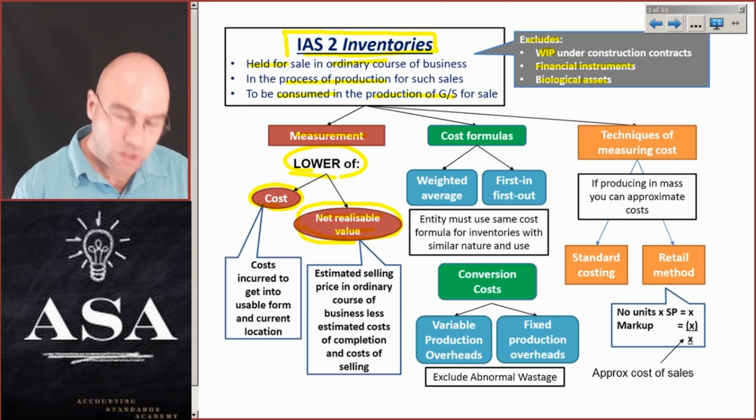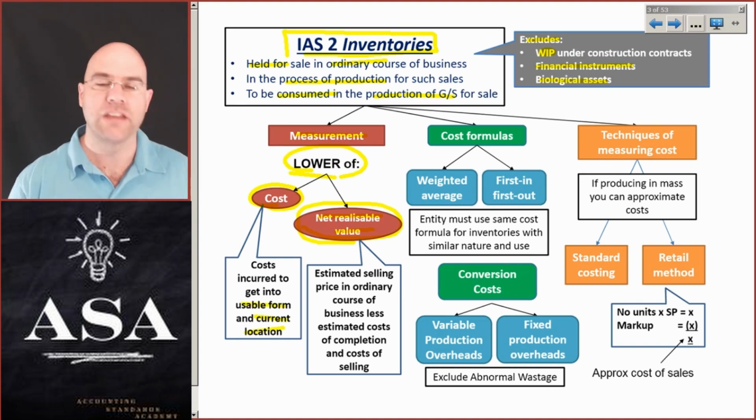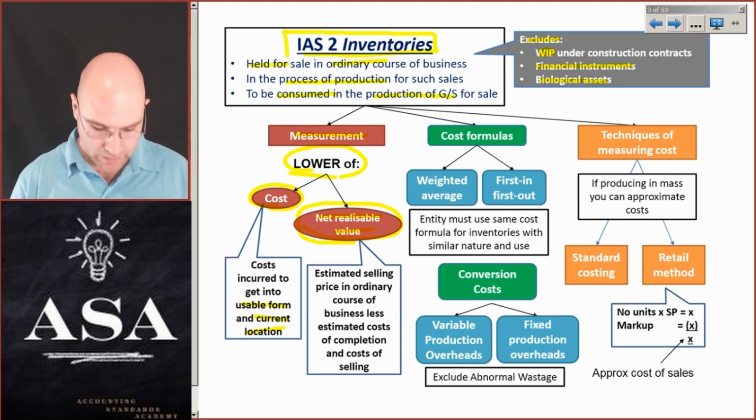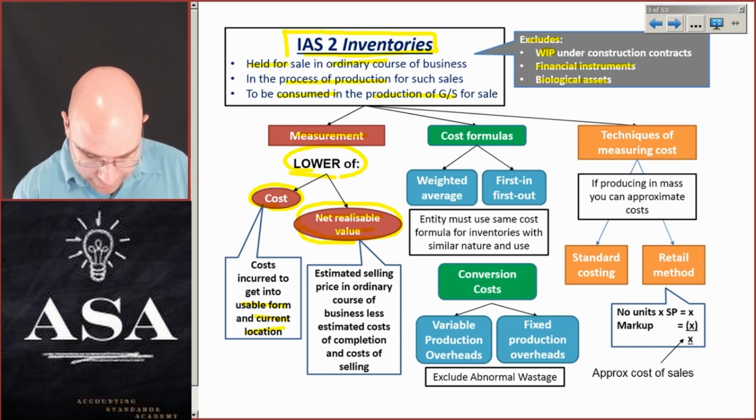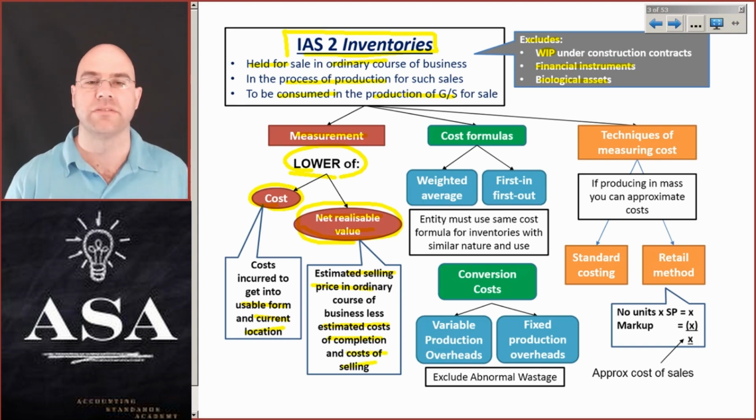Costs will be all costs incurred to get the inventory into usable form, as well as the current location. Net realizable value is the estimated selling price in the ordinary course of business, less estimated costs of completion, as well as costs of selling.